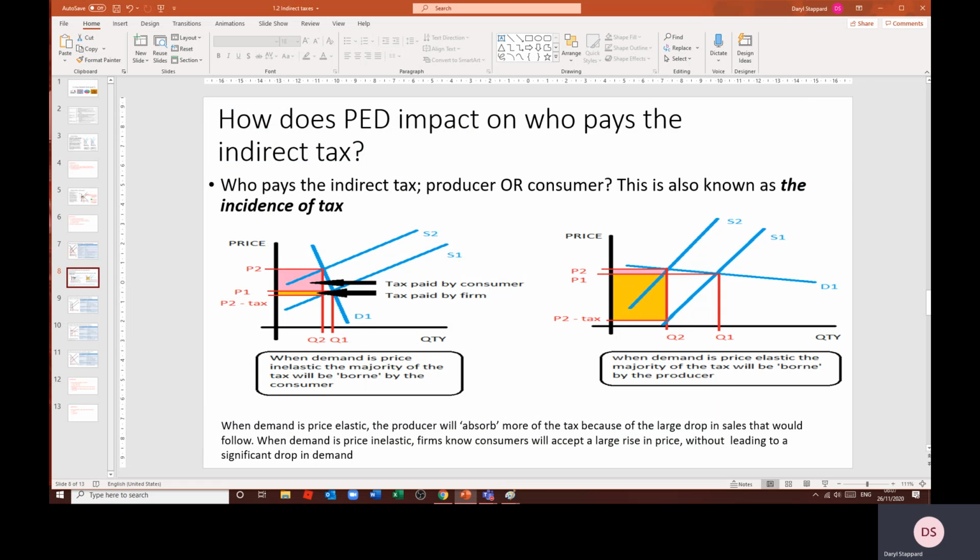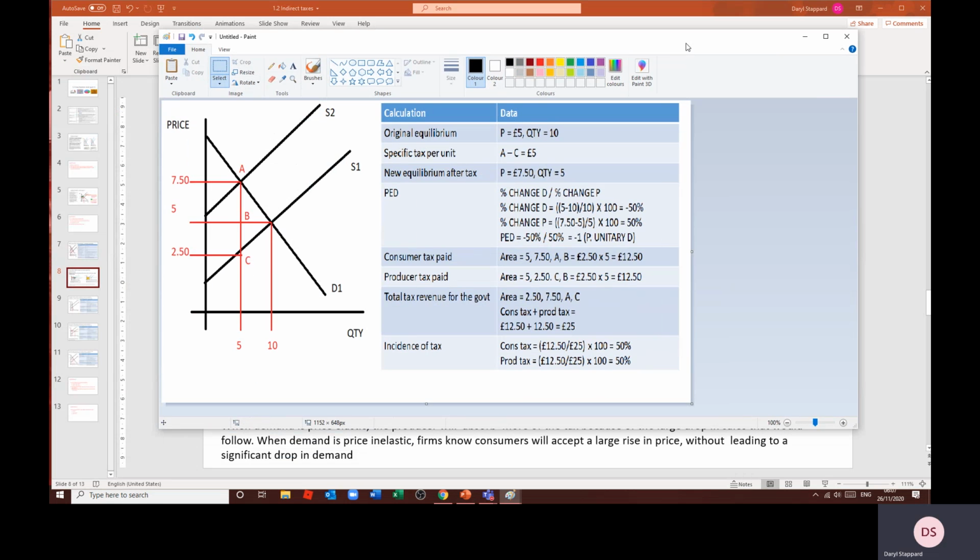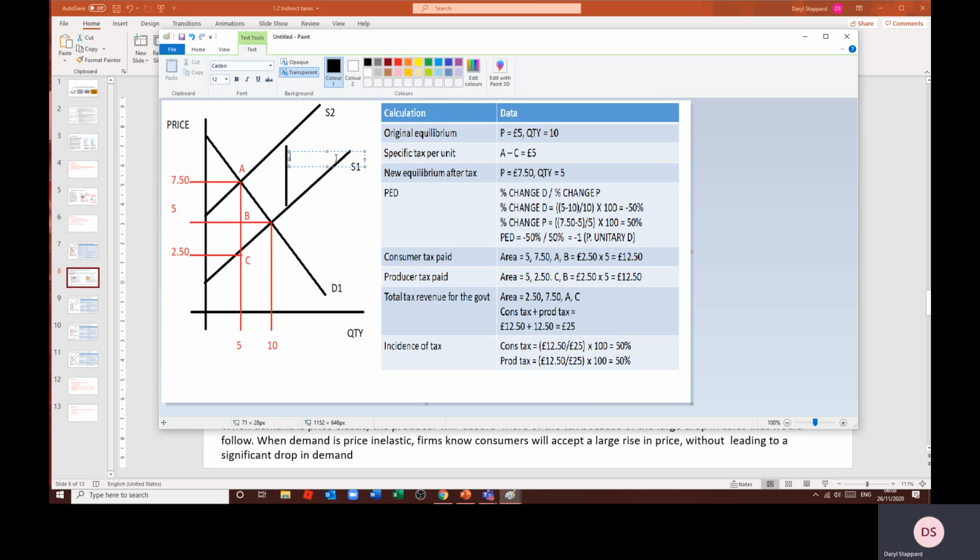Let me give you one final example of this. Look at this one here. Again, what we've got here is a specific tax, and the vertical distance between the supply curves will show us the tax per unit. Now this time we've got a £5 tax per unit.